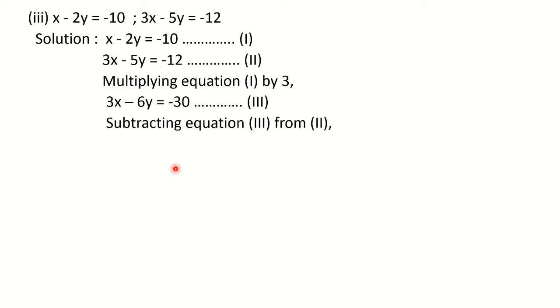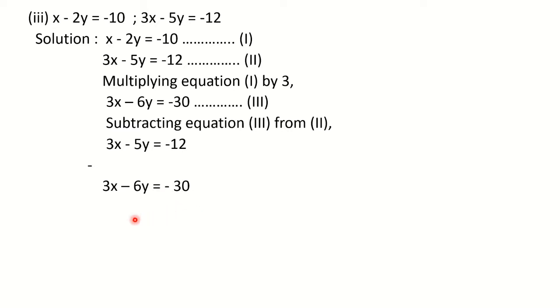Let us write it properly in the vertical manner. First we will write equation number 2, that is 3x minus 5y is equal to minus 12. Then the minus sign stands for subtraction. After that we write equation number 3, that is 3x minus 6y is equal to minus 30.